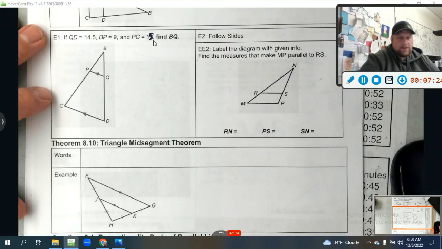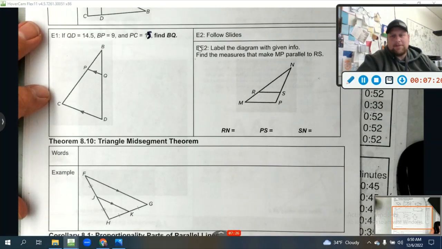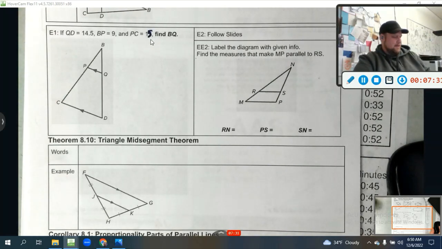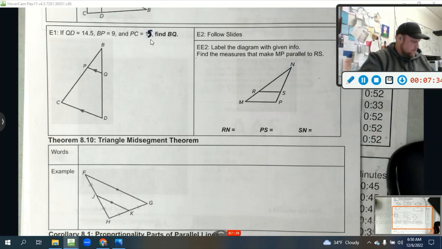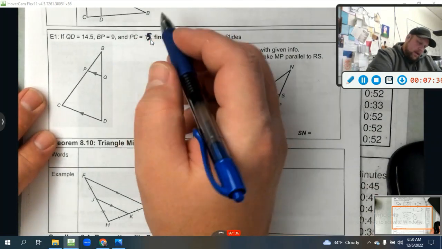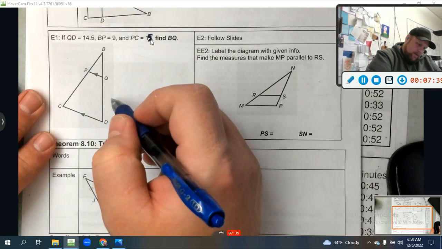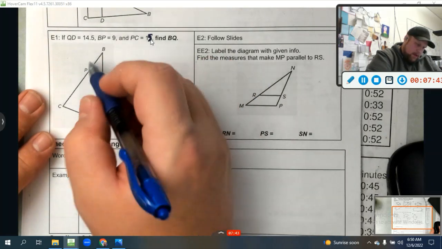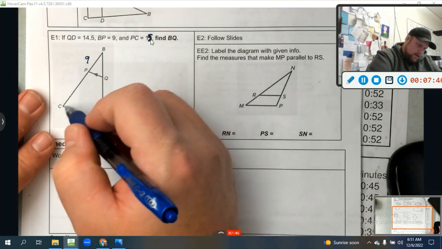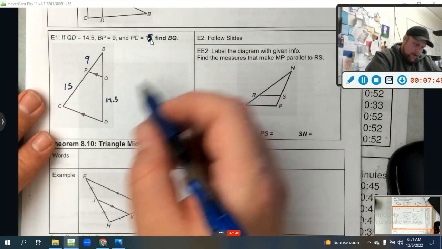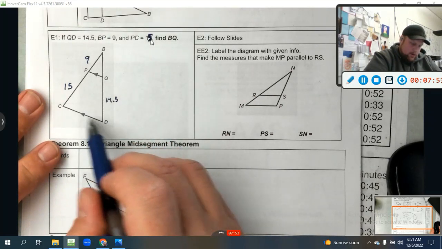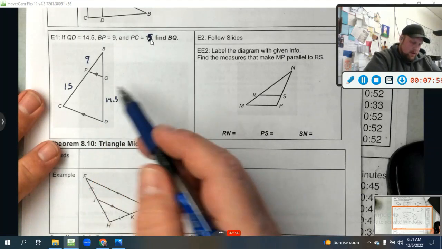Okay, it's important to note that in this example 1, label PC 15. I've worked this out a number of times, even live in class, and realized that it doesn't work out the same without it. So now we know it does. If QD is 14.5, where's QD? Right here, 14.5. BP is 9, and PC is 15. Find BQ. And you see right here, we're telling you that QP is parallel to DC, with these little lines right here.